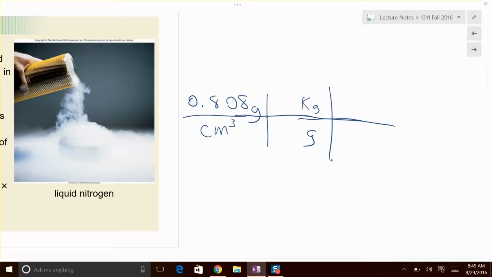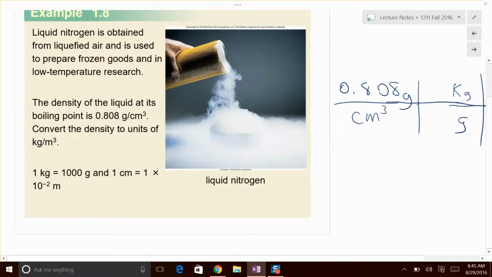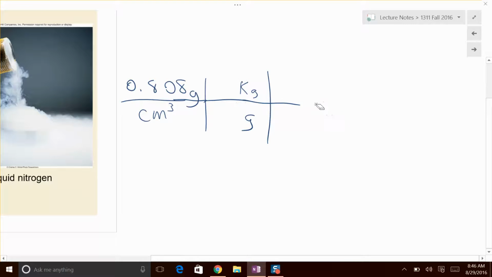Well, actually, what I need to do first is, once I find this number, I need to change it from centimeters cubed to kilograms per centimeter. After I find this answer right here, it is going to be in units of kilograms per centimeters cubed, right? So I need to change that to instead kilograms per centimeter.